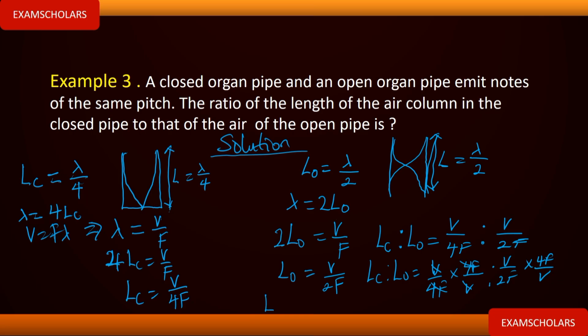You are left with 1. So let's have it here. L_C ratio L open: the first one, we have reduced it to 1. Come over here. We cancel V here, we cancel F here. 4 over 2 gives 2. So the ratio is 1 to 2.